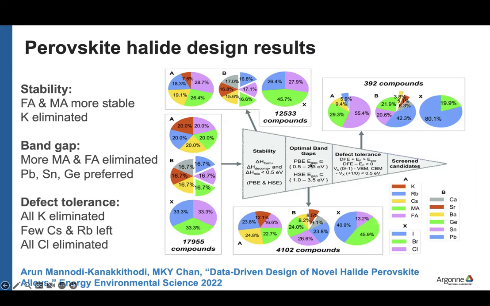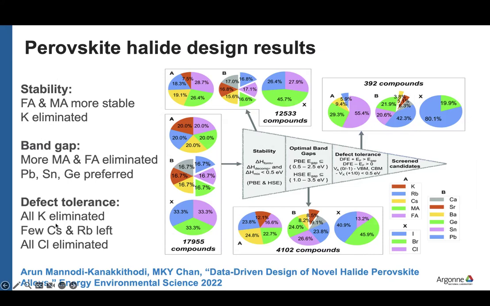Another step, looking at band gap, it would show you that lead, tin, and germanium are the preferred B-site cations. They have the better band gap. That may also not be completely surprising. But then what's really interesting is that when we look at the defect tolerance, all the chlorides were eliminated.